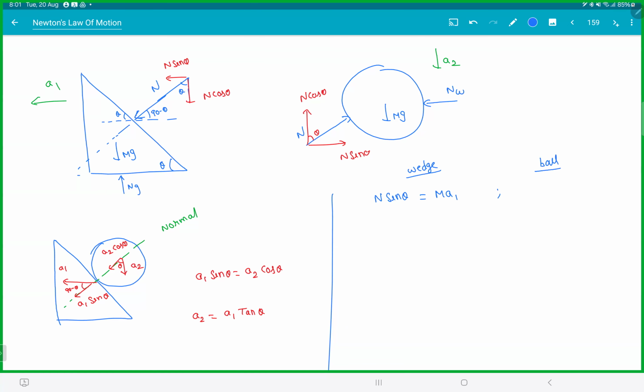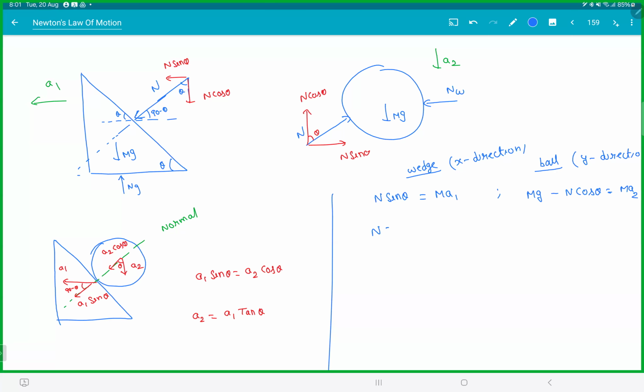And for the ball in the vertical direction, mg minus N cos theta is equal to ma2. For the wedge, I'm writing in x direction. That is because they're only moving in that direction, right? Why write in the direction when they're not moving? Done, you got everything. Put in the values.